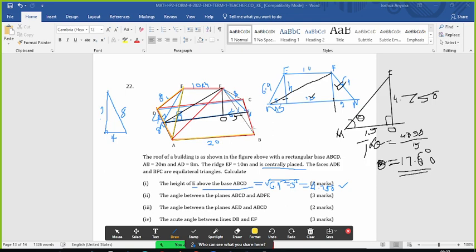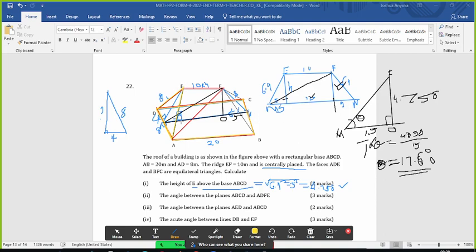You can see the two planes. So identify the two planes in the diagram, AED and ABCD. Next, which is the common line? The common line is AD. Then draw two lines, one on each plane, perpendicular to the common line.